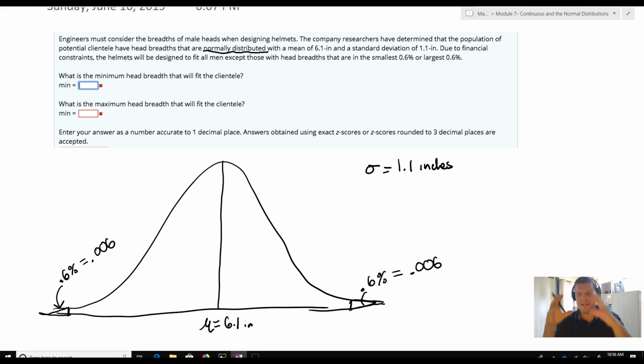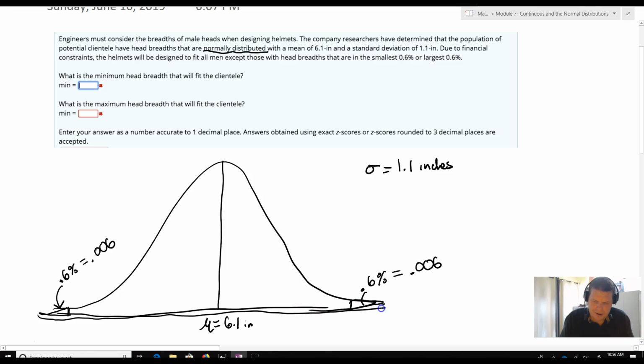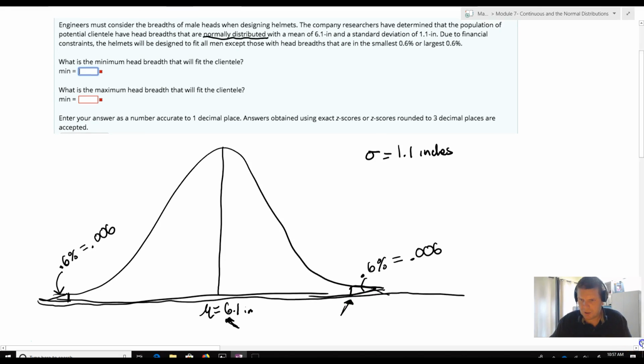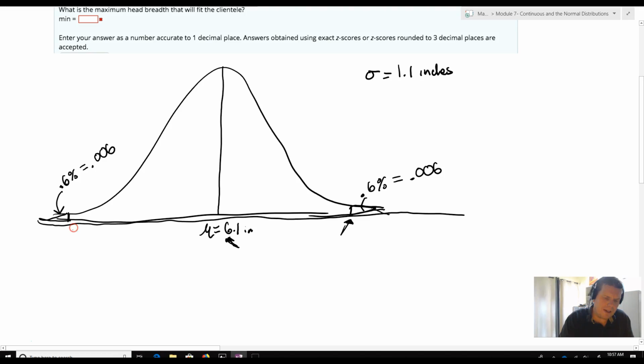Now, one of the things that I think is very tricky for students is to understand that the values down here on this axis are hat sizes, or head sizes. Here we've got the mean of 6.1 inches, and over here we've got a certain head size, a certain number of inches, which we don't know yet, and over here another number of inches that we don't know either.